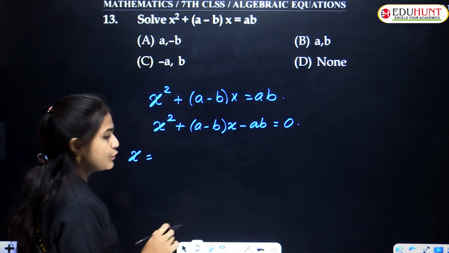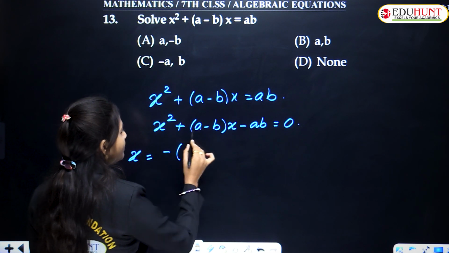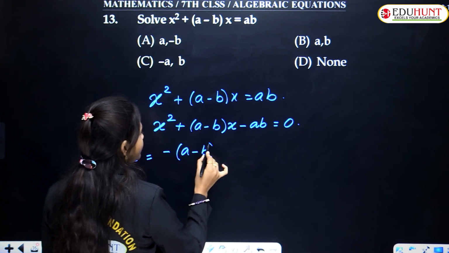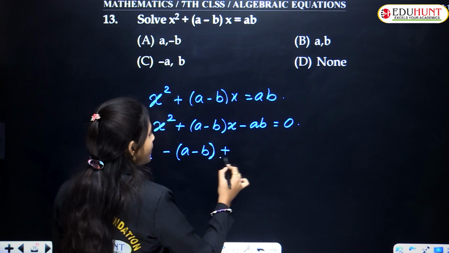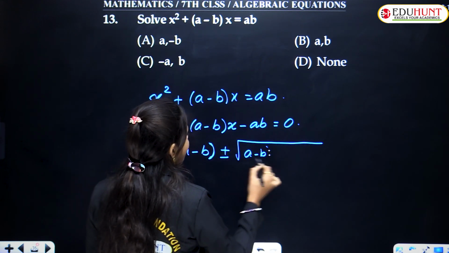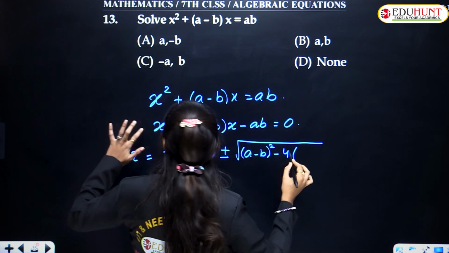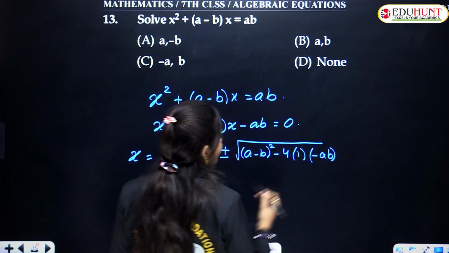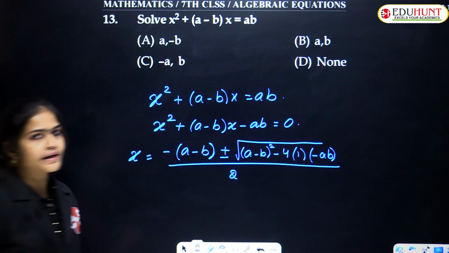So x is equal to, apply the quadratic formula here. Minus b, which is a minus b here, plus or minus square root of b square, that is a minus b whole square, minus 4ac, where a is equal to 1 and c is equal to minus ab, whole by 2a, so 2 into 1.